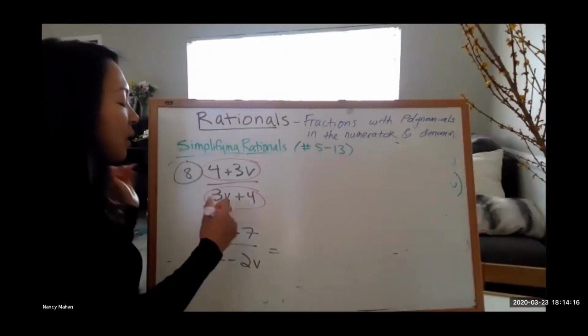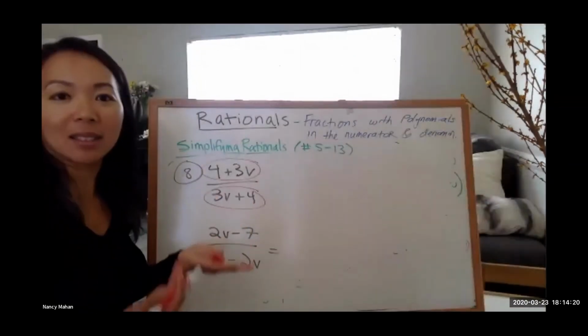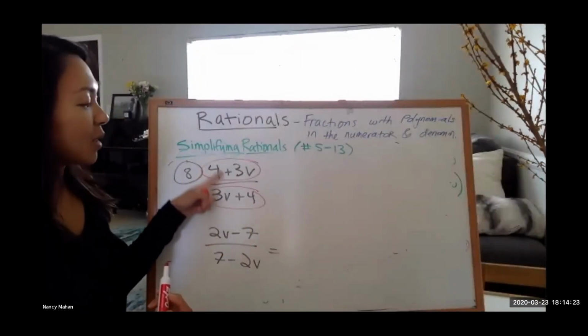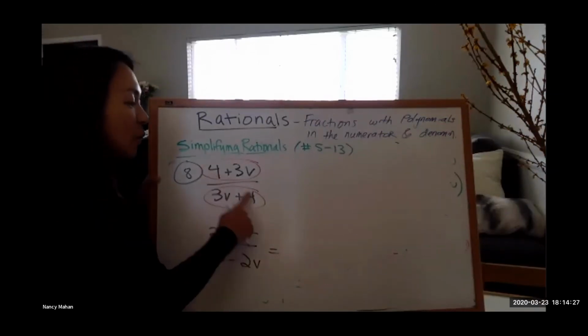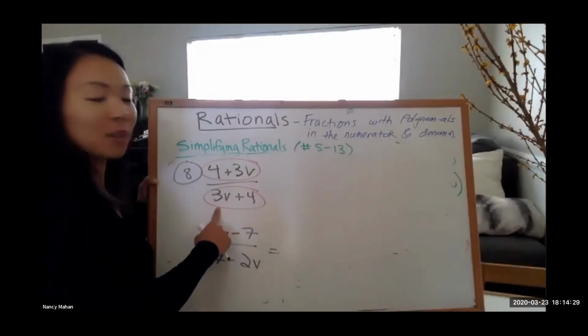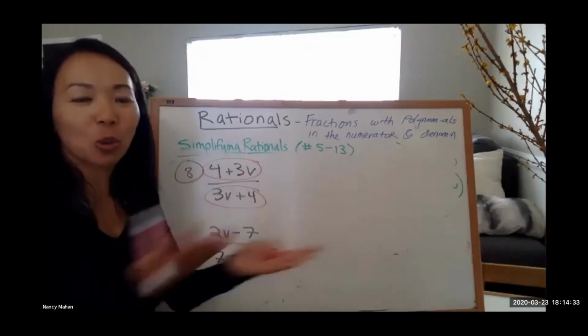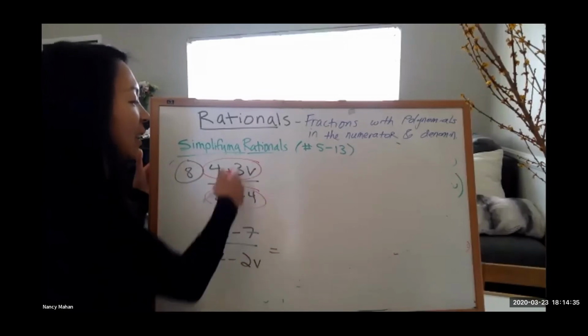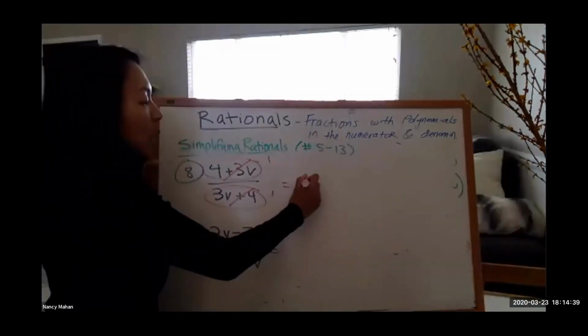And then I ask myself, well, are these the same? If they're the same, then I can simplify and cancel it out. Are these two the same? Yes, right? Positive 4, 3v, 3v. It's like saying a cat plus a dog is the same thing as a dog plus a cat, right? They just switch the order, but they're the same. So again, if they're the same, you get divided by itself, so it just becomes a 1, right?